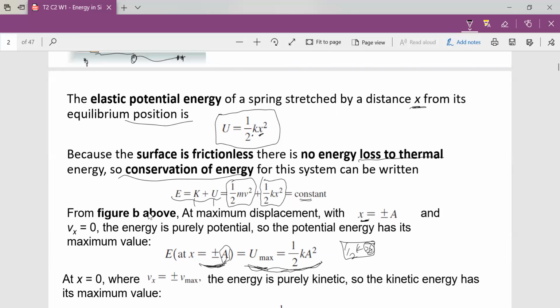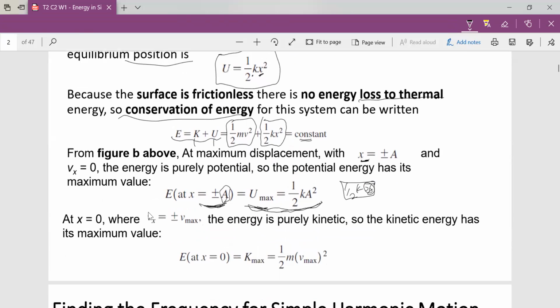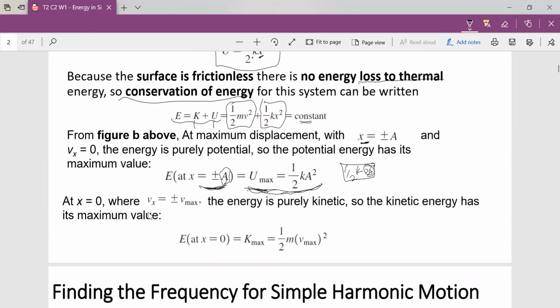So at maximum elastic potential energy, U max is half kA squared.